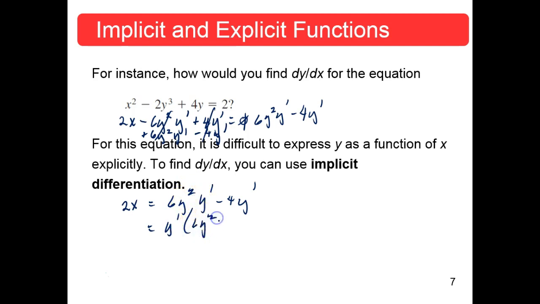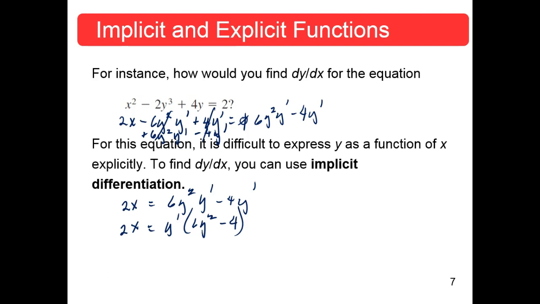6y squared minus 4. Now what do we do? And that's equal to 2x still. Divide by y prime. We want y prime by itself, right?